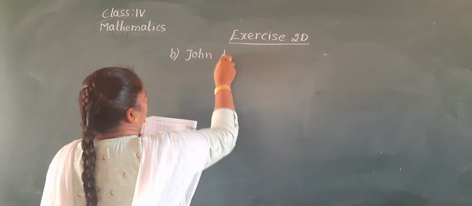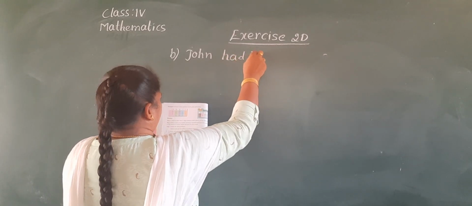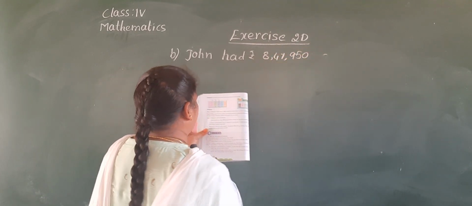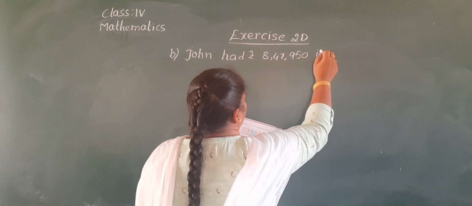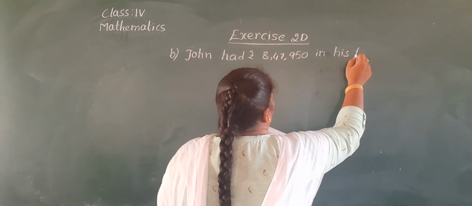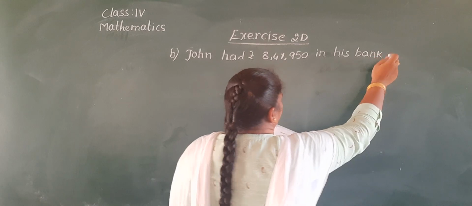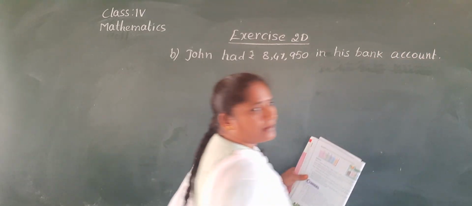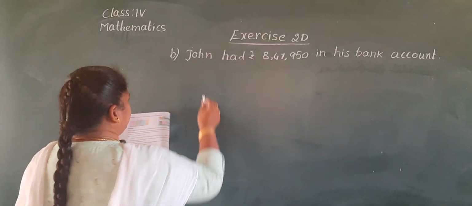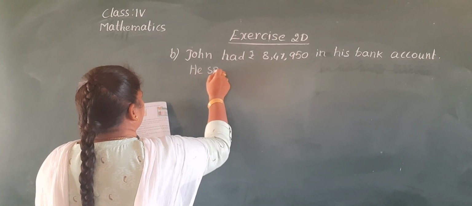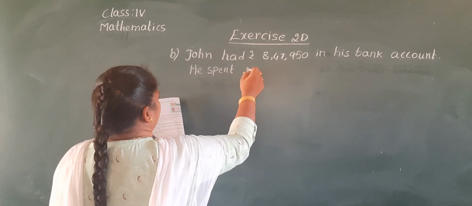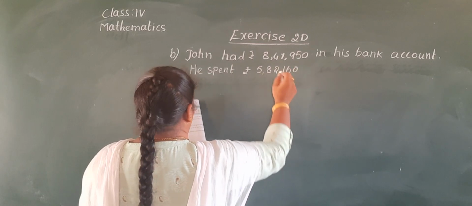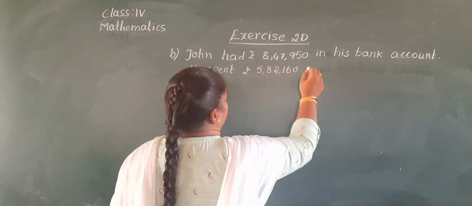John had 8,47,950 in his bank account. He spent 5,82,160 out of it.